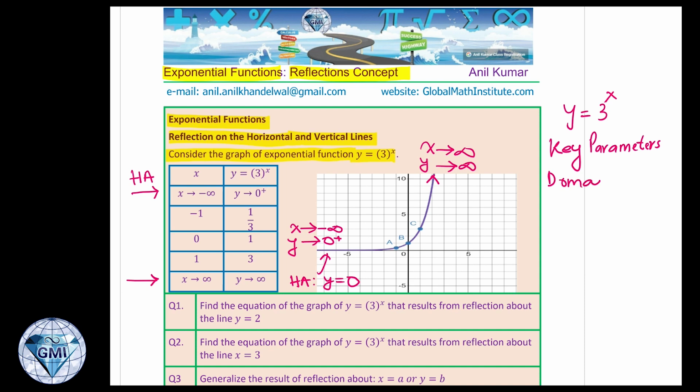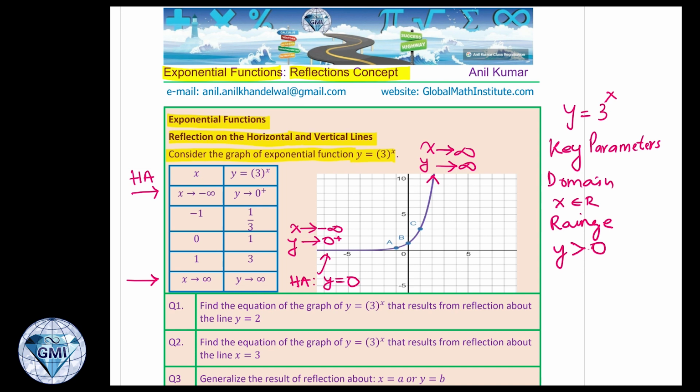We know the domain is x belongs to real numbers, and the range is y greater than 0. Let me write it down here. And of course, they all belong to the set of real numbers. Okay, y greater than 0.